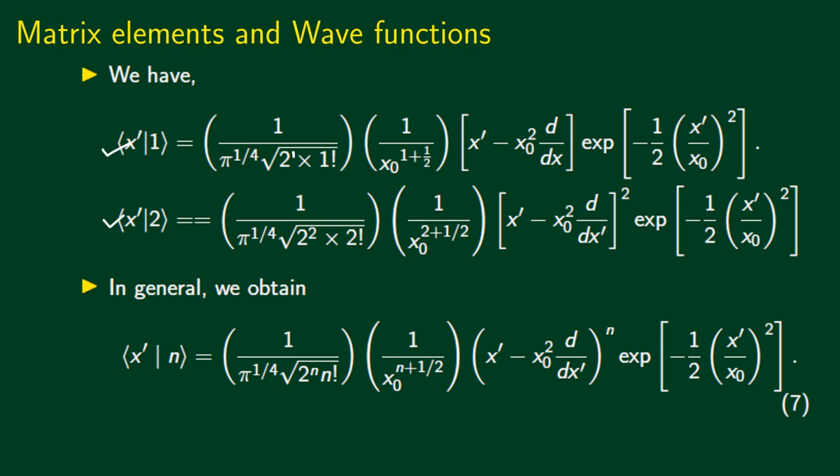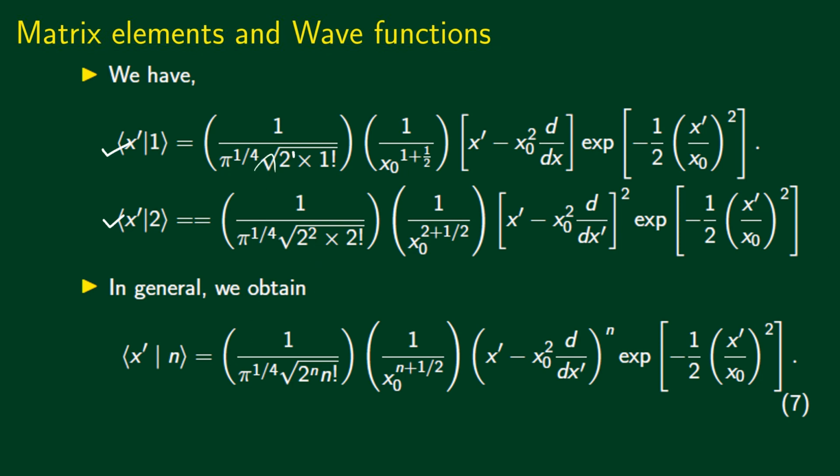And in the wave function for the second excited state, we have a similar term, but inside this square root we have 2 square multiplying 2 factorial. So in the first excited state we have 2 raised to 1 multiplying 1 factorial, and for the second excited state we have 2 raised to 2 multiplying 2 factorial. So naturally, for the nth excited state, the corresponding term would be square root of 2 raised to n multiplying n factorial. Correct? So if you put n equal to 2, you get the corresponding term for the second excited state wave function. If you put n equal to 1, you get this.